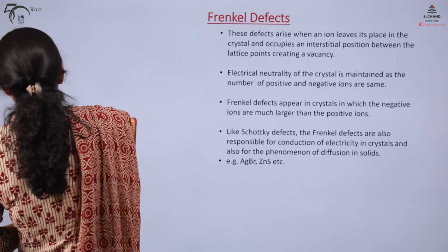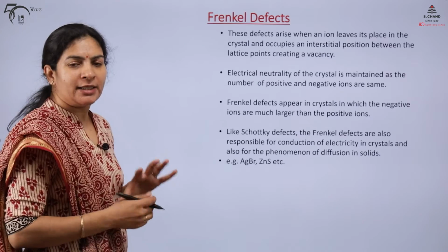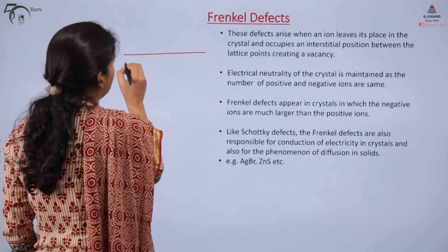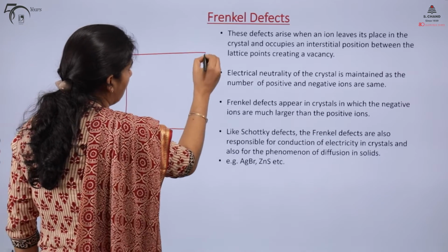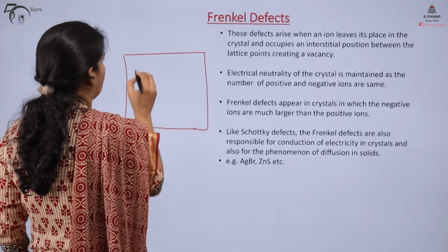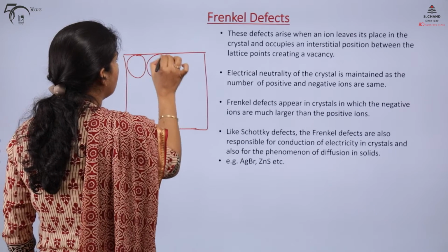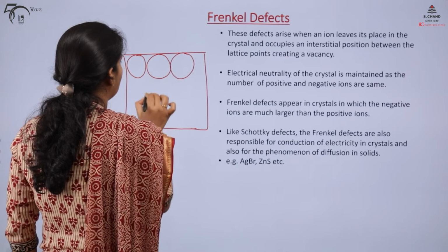Now in Frenkel defect, what happens is that the ion pair is not missing from the crystal, right? They are not completely missing, so they are present. Let me draw the structure.